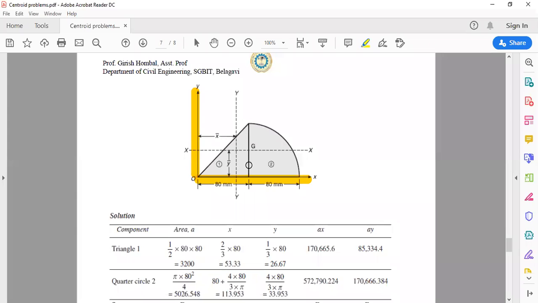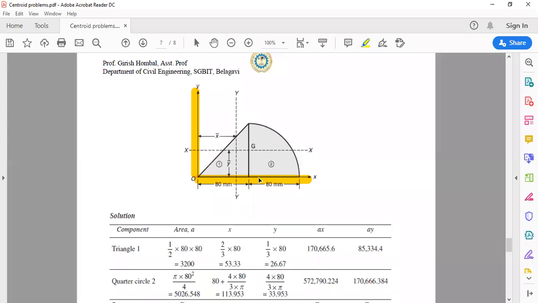It is a right angle triangle whose area is being calculated here. That is half base into height. So half base is given here 80 mm. Height is also 80 mm. Height actually is not given here, but with the help of this quadrant of a circle, you should be able to identify what is the height.